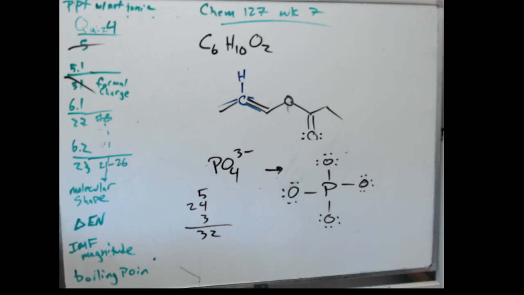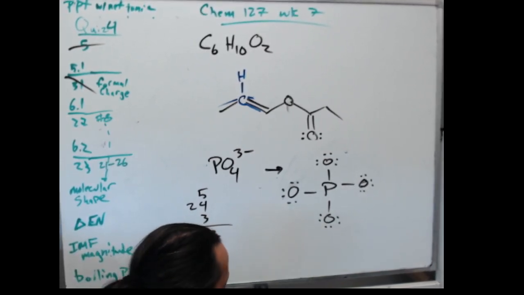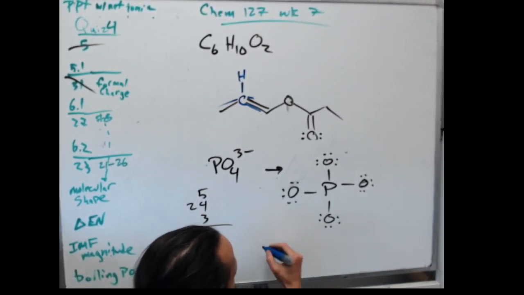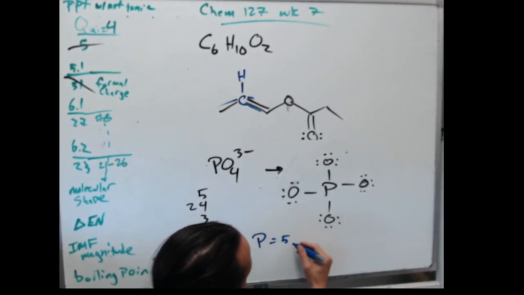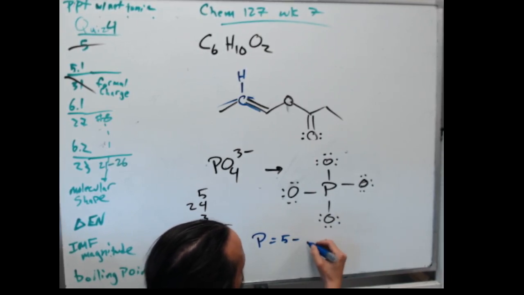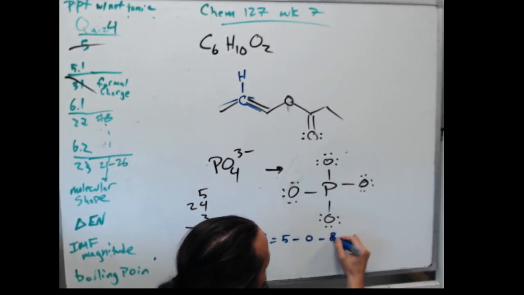And that's where formal charge comes in and says, well, is this the most stable structure? Are the electrons actually being uniformly shared? When we do the formal charge calculation, let's just look at it for phosphorus for a minute. Phosphorus has 5 electrons in its valence shell. It's got 0 nonbonding, and then it's got 2, 4, 6, 8 bonding.